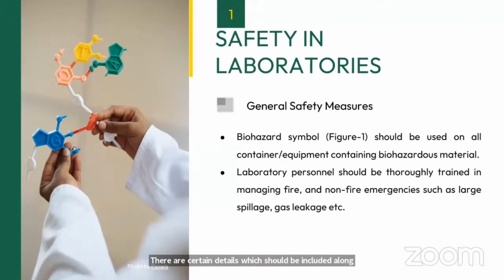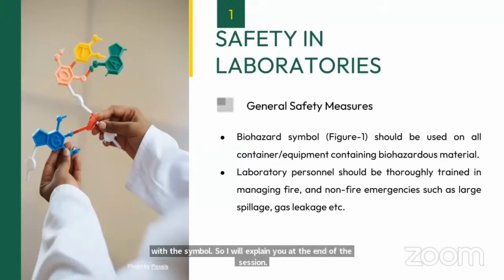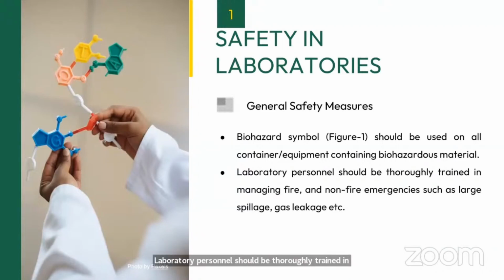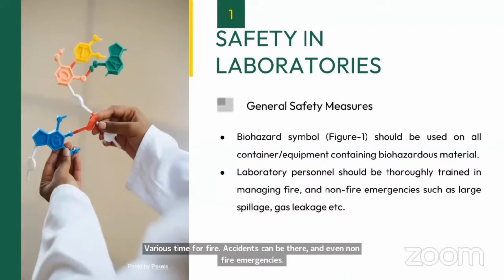Laboratory personnel should be thoroughly trained in managing fire and non-fire emergencies such as large spillage and gas leakages. So there are various types of emergencies, various types of fire accidents, and even non-fire emergencies. Spillages can be there, gas leakages can be there.